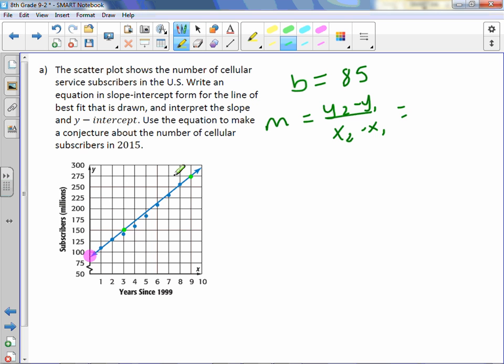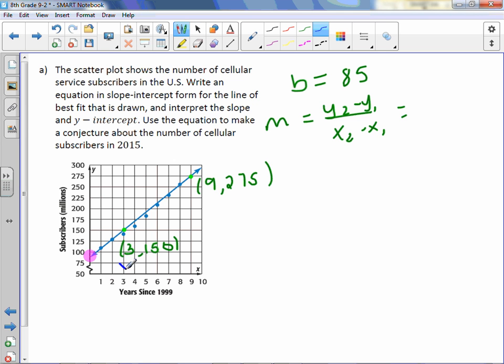I'm looking where the line crosses an intersection on our grid. This point here is 3,150. And this point up here is 9,275.